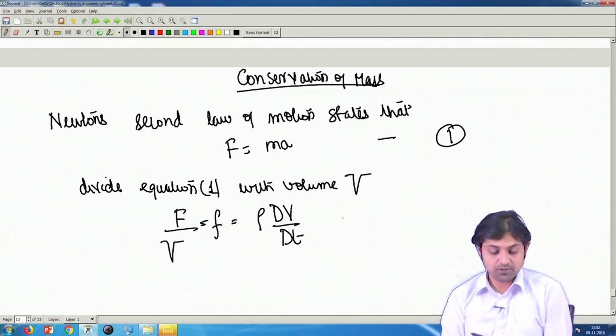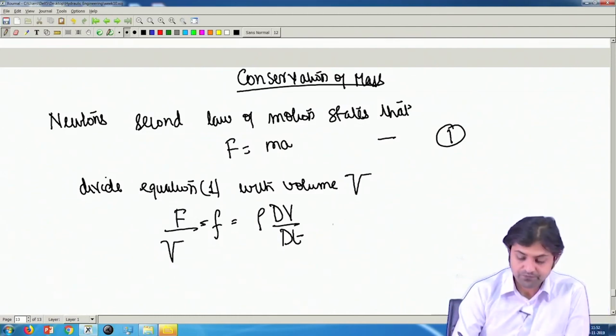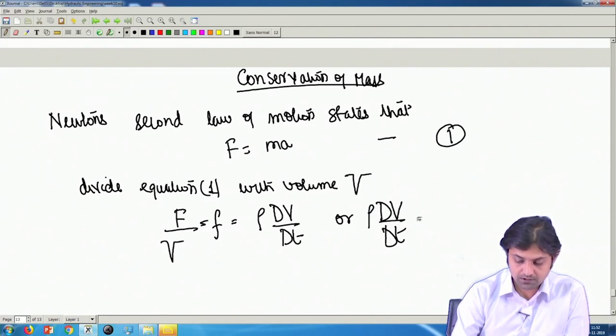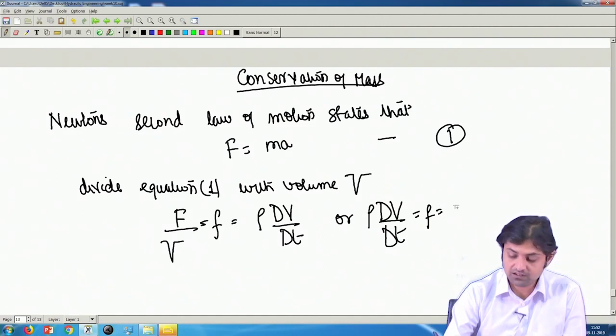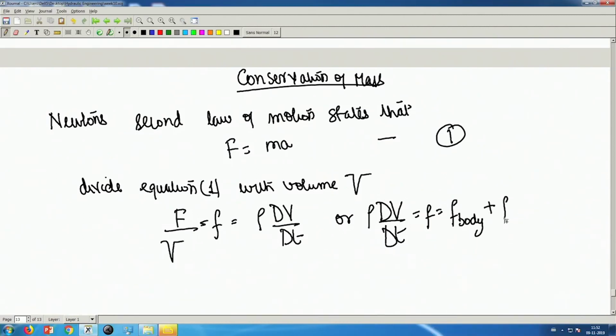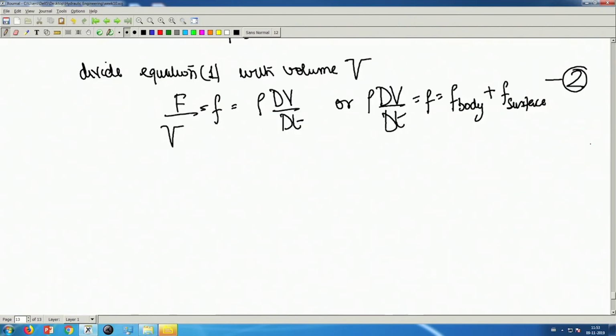So that is force per unit volume, or we can also write rho dV dt is equal to force small f, and that can be written as, there are two types of forces, one is body force plus one is surface force, and this equation we write as equation number 2.